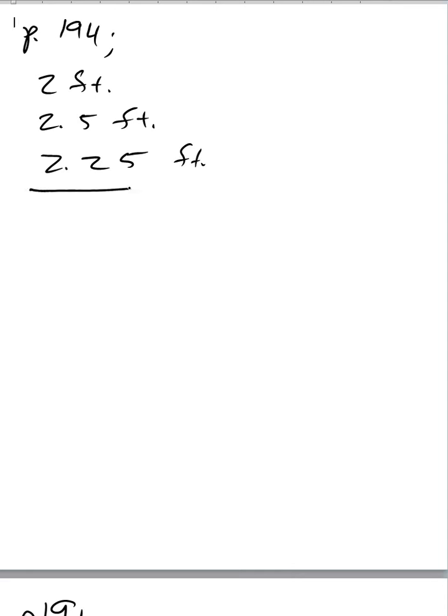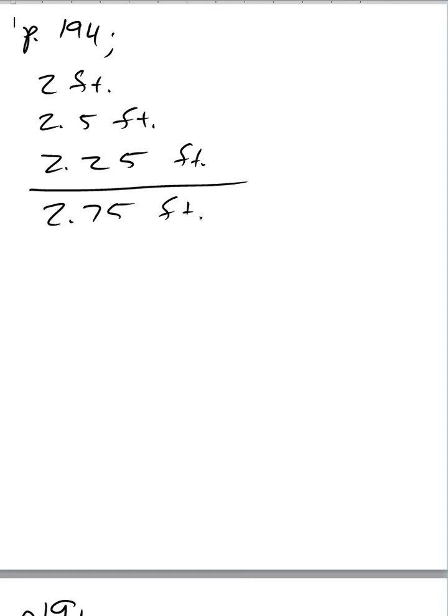So let's say, I'm going to do an easy example here. Let's say we've got 2 feet and 2.5 feet, and we've got 2.25 feet. We add all these up, and I got 2.75 feet.